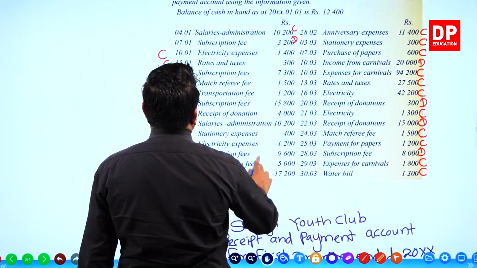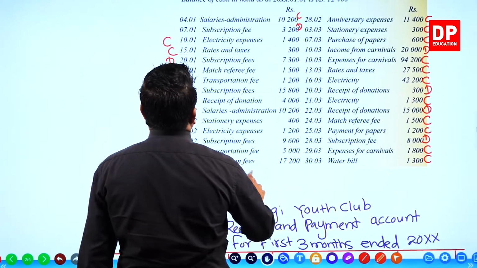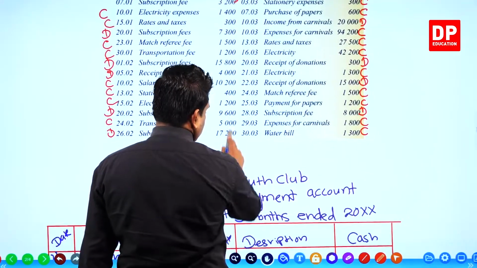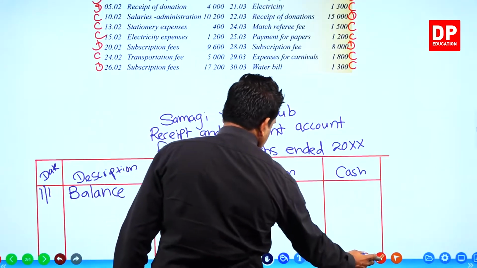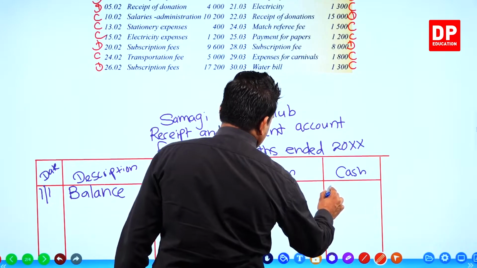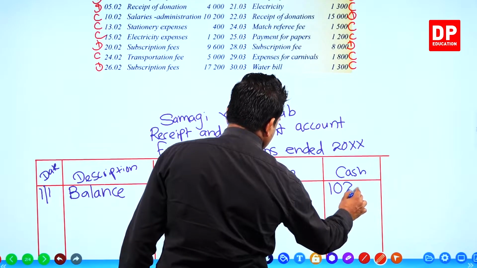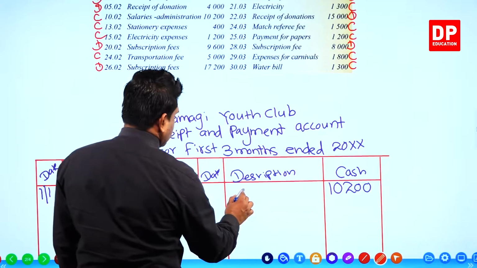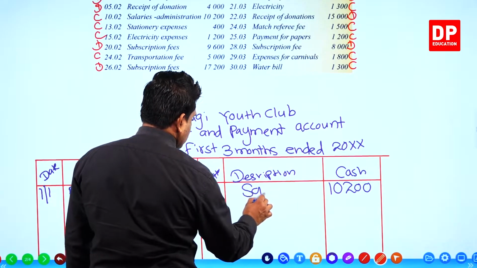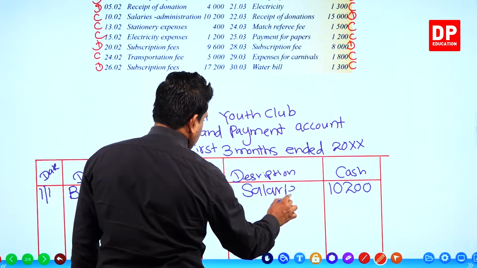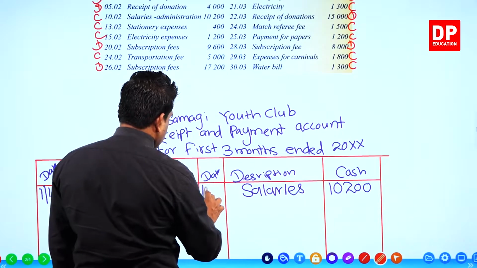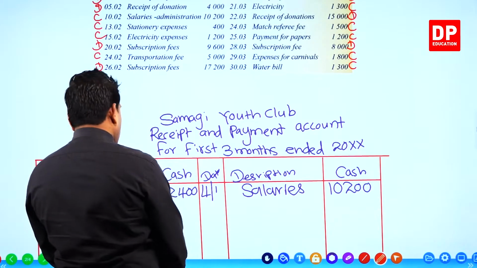Salaries and administration 10,200. Salaries. It's 1,400.